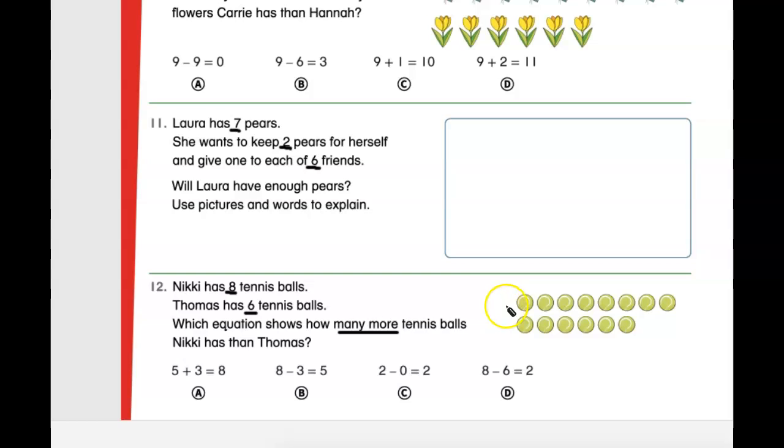If Nikki has these 8 tennis balls and Thomas has 6 tennis balls, which equation shows how many more tennis balls Nikki has than Thomas? Which of them shows how many more tennis balls Nikki has than Thomas?